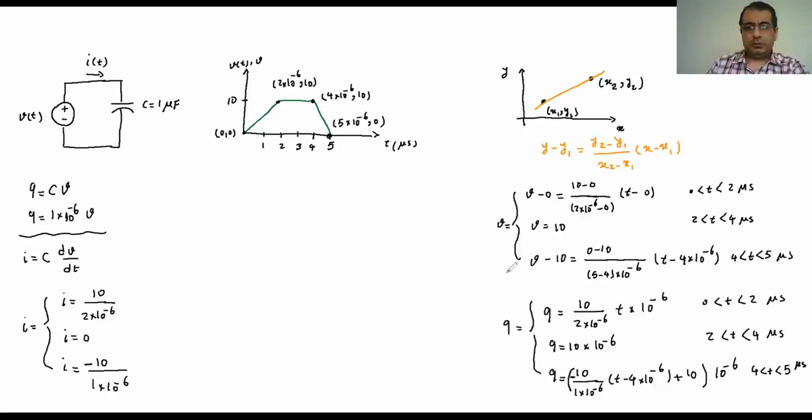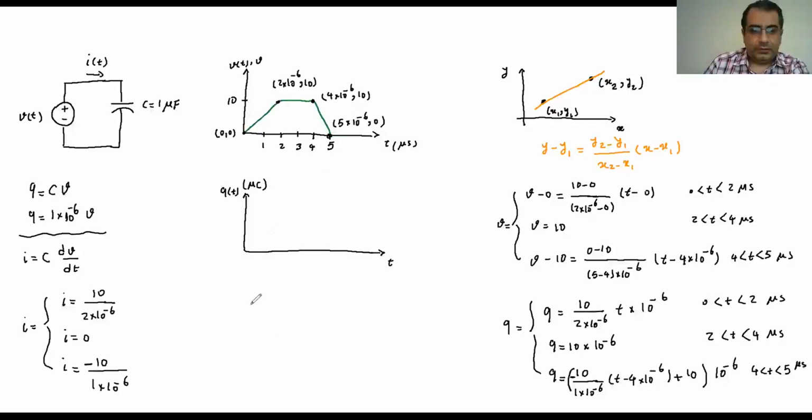Now, this is the V I have. I try to draw them as well. I try to draw the T and this Q, if I consider it in microfarads, so the microcoulombs.